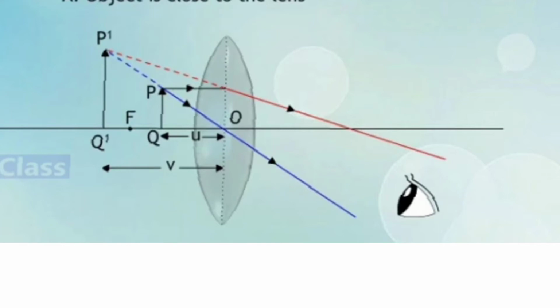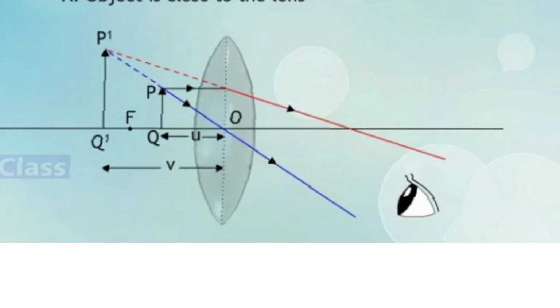Okay, so all those who are doing the repairing work of the parts of watches, or those who are testing precious gems, or if there are any defects, they are using this type of magnifying glass. So if the question comes, why is the simple microscope used for watch repairs?